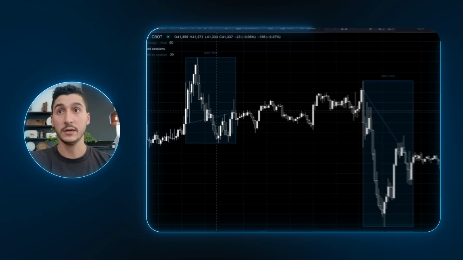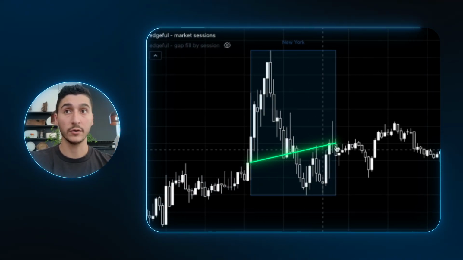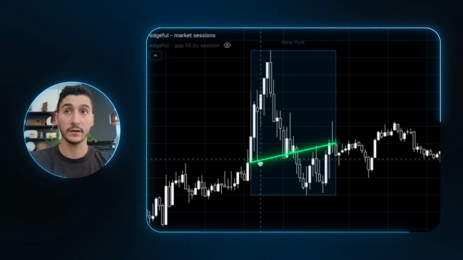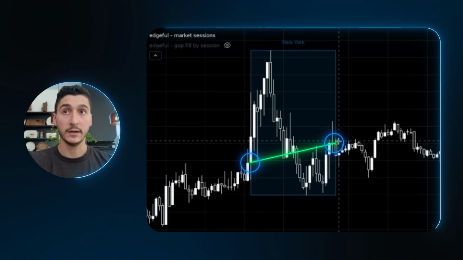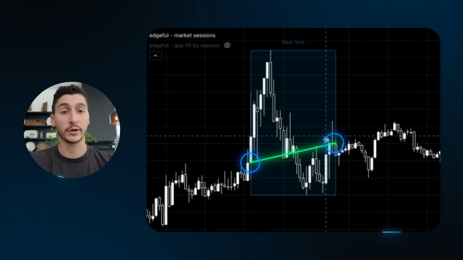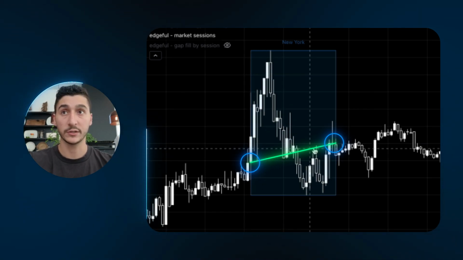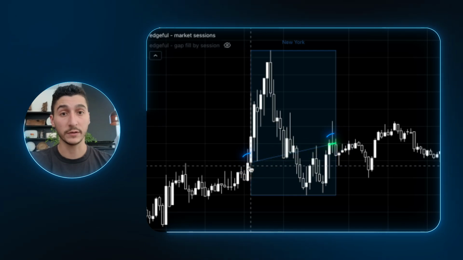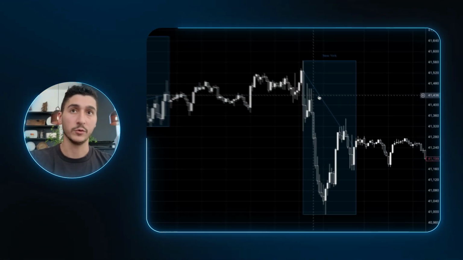You can see very obviously right here that price closed green on this day because of this diagonal line here that starts from the open and then goes to the close. So this is part of the market sessions indicator. It makes it really easy to see whether today was red or green. You can see this day was a green day because it closed higher than it opened.